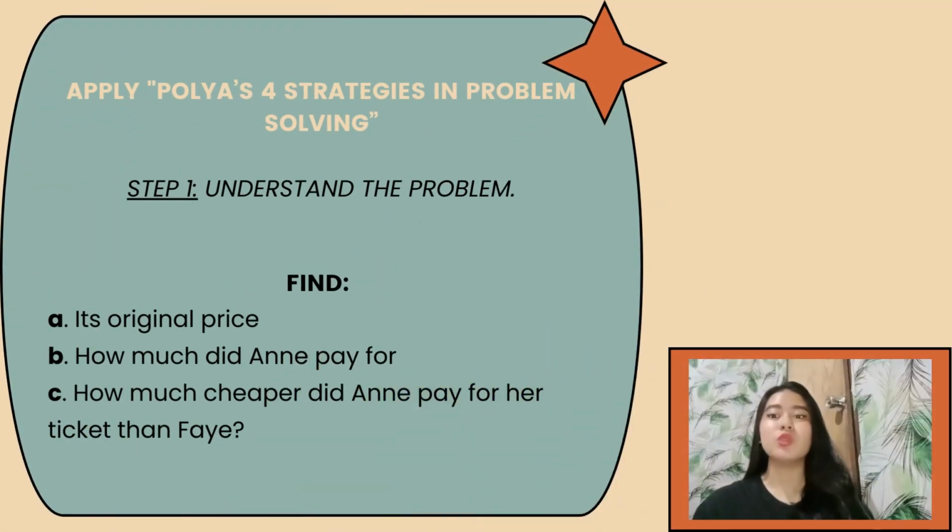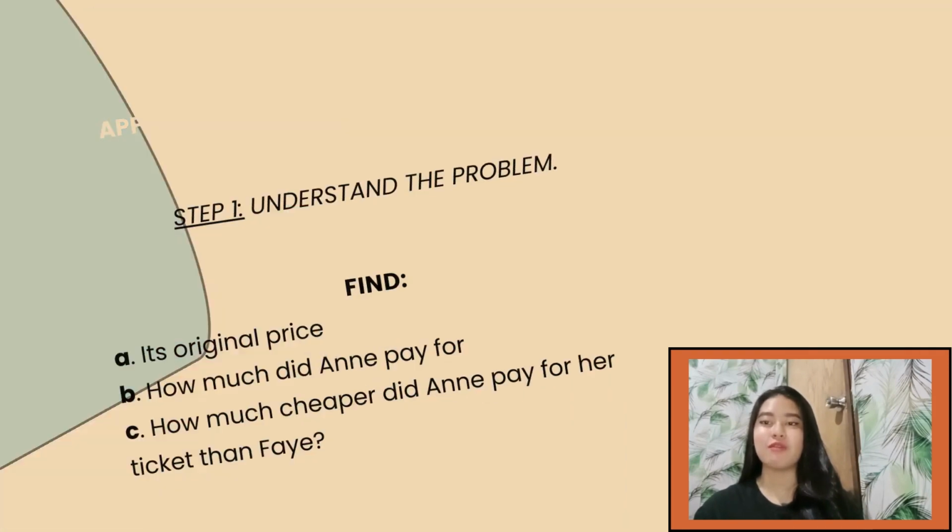So now, the goal is to find a solution to this problem by first applying Polya's four strategies in problem solving. The first step is to understand the problem by analyzing it carefully. As stated in the problem, we have to find A, its original price; B, how much Anne paid; and finally C, how much cheaper Anne paid for her ticket than Faye.